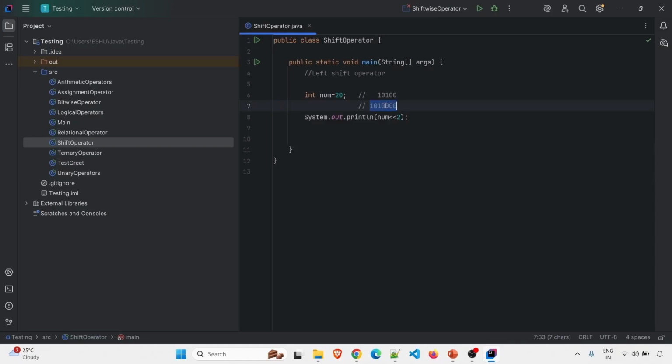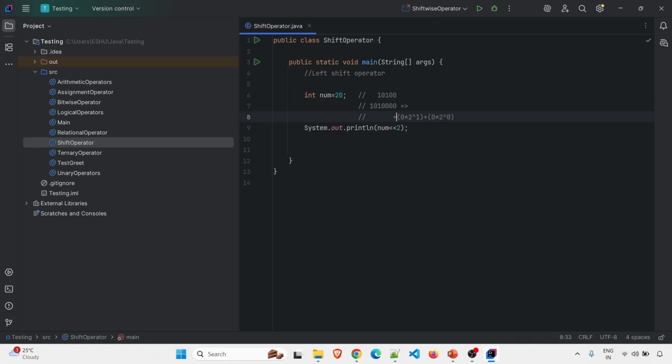Now if we convert this binary to decimal, we know how to do that, we have seen it in a previous video. So how will it happen? We have to start from the least significant bit, that is this bit. We take this bit 0 multiplied by 2 raised to 0. Then add 0 multiplied by 2 raised to 1.